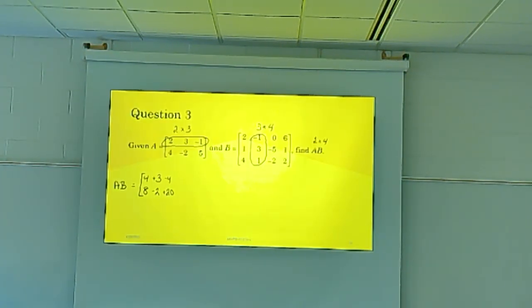1, 2 entry, row 1 of A, column 2 of B. 2 times negative 1 plus 3 times 3 plus negative 1 times 1. And we're going to continue in this manner for every entry. So it'll be 4 times negative 1 plus negative 2 times 3 plus 5 times 1. So there's the 2, 2 entry.